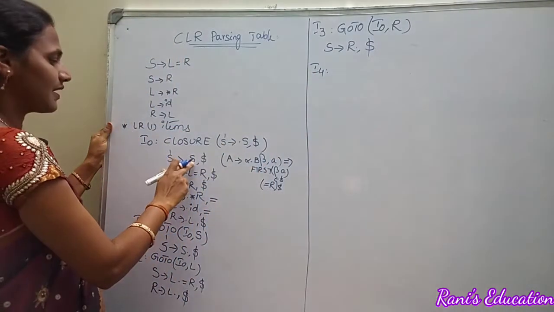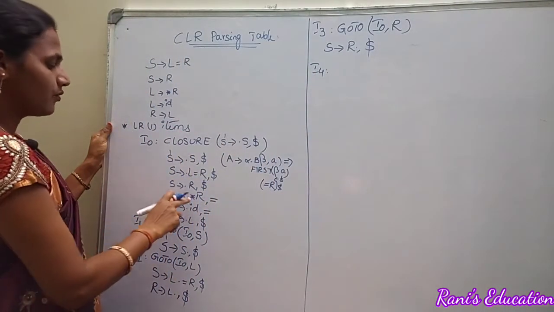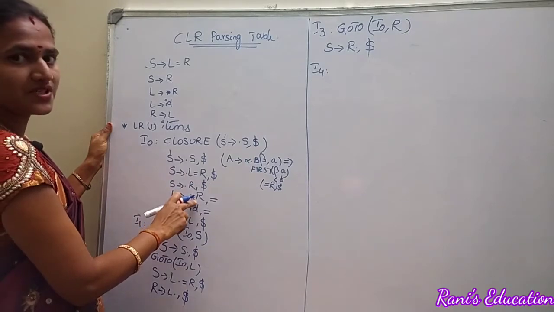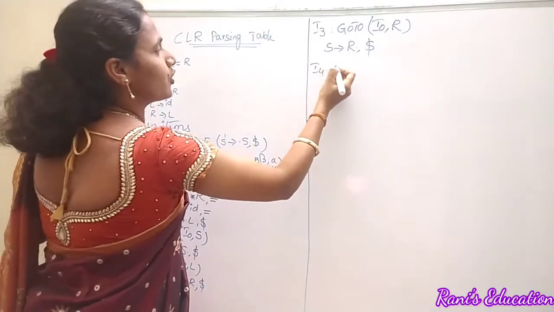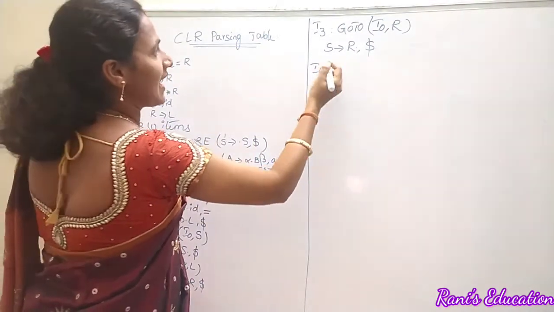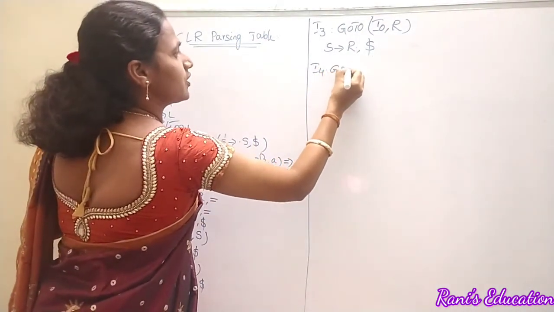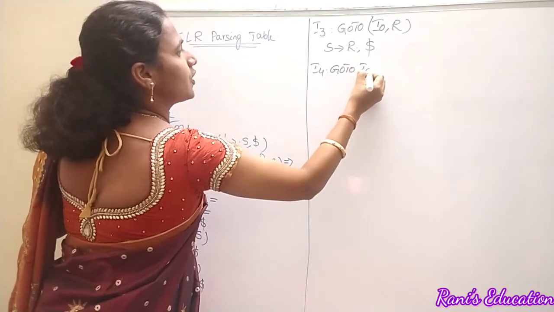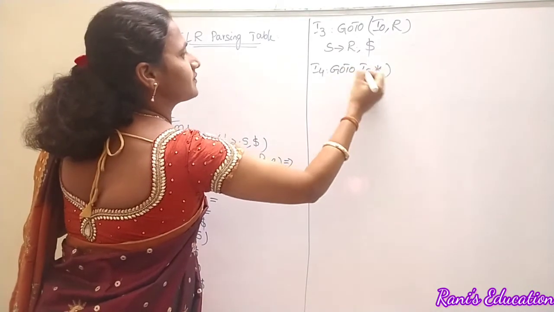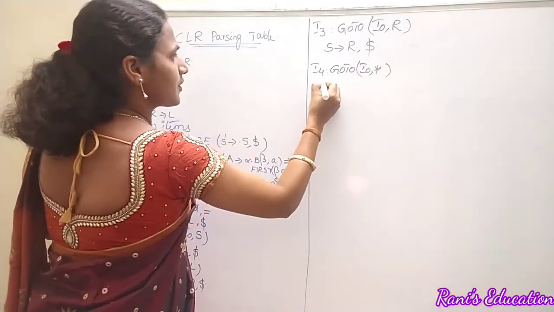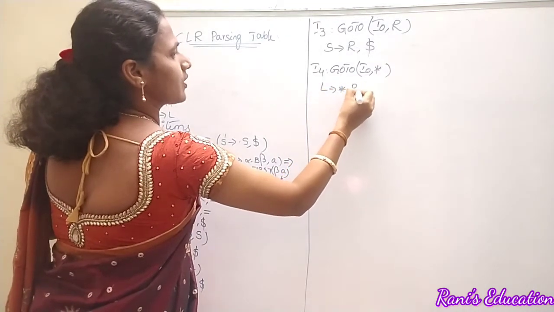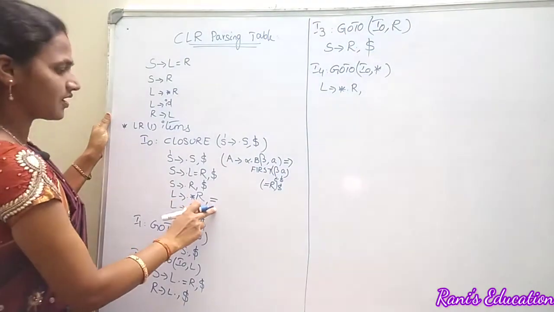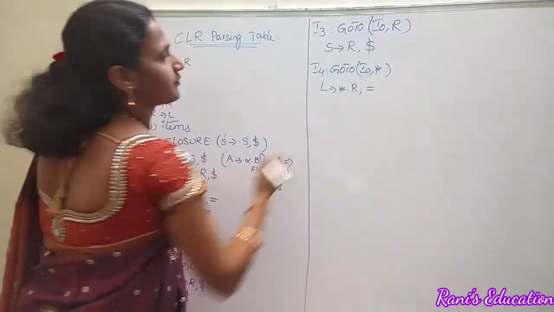So we have used S, L and R. What is the next symbol placed at the start of RHS? The asterisk symbol. So I am going to change the position to after the asterisk, using goto of I0 comma asterisk. The production becomes L→asterisk dot R. What is the look ahead for that production here? Equal. Right?